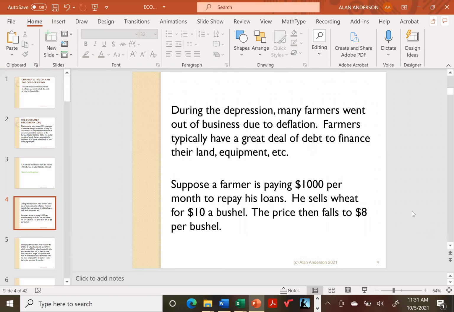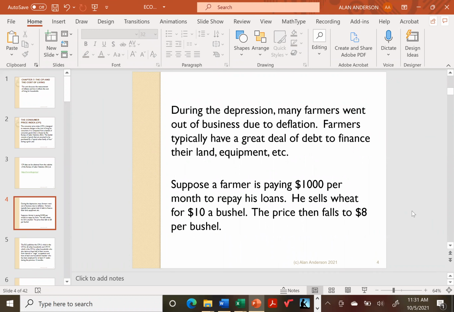And so anybody who owes money is in the same boat. Or imagine you're a homeowner and you have a mortgage and your salary starts to fall because of deflation. Can you continue to make your mortgage payments? Probably not. So you can see deflation sounds like a wonderful idea. Prices falling. Wow, who would have complained about that? But it tends to be very hard on people who owe money, which is essentially everyone.